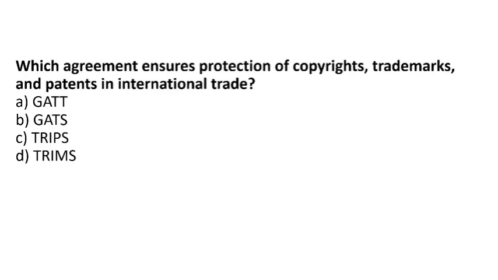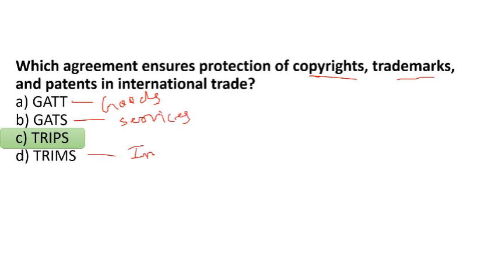You have an explanation of it. Next, which agreement ensures protection of copyright, trademark and patent in international trade? There is a direct answer. It is TRIPS. GATT is related to tariffs and goods, barriers and tariffs. GATS is related to services. TRIMS is related to investment.